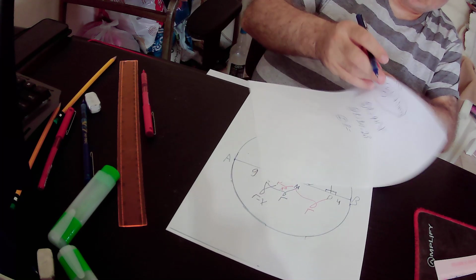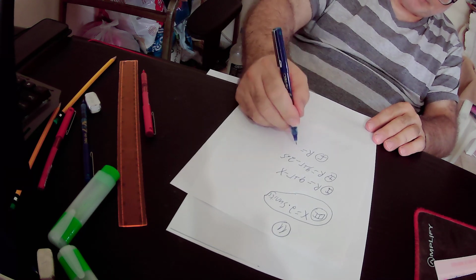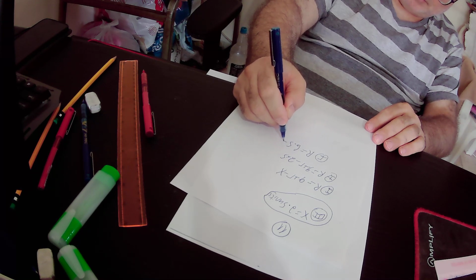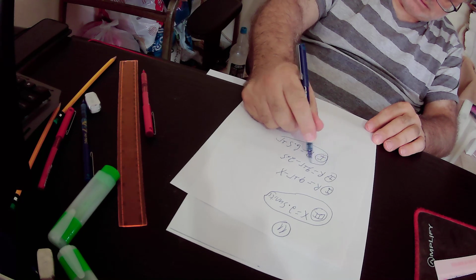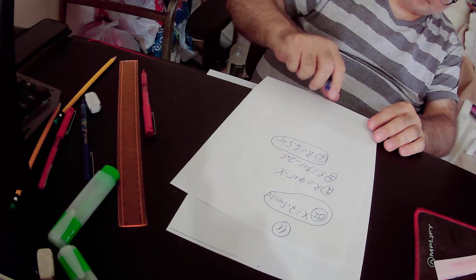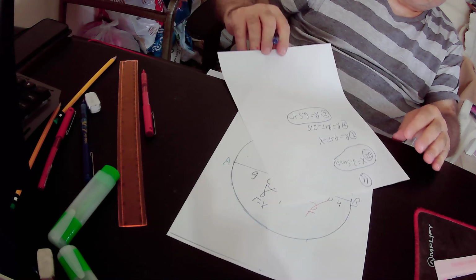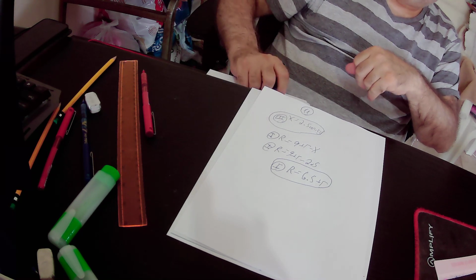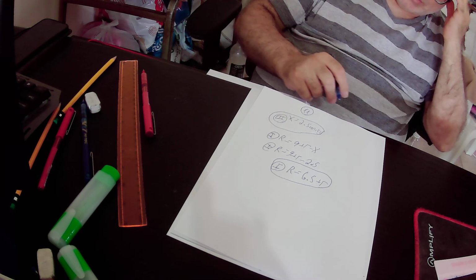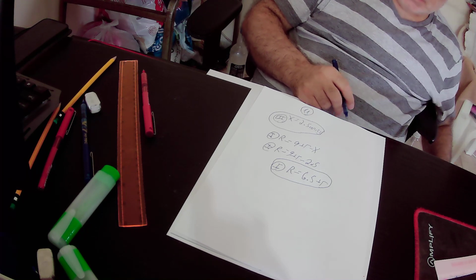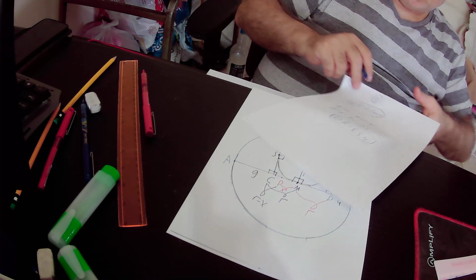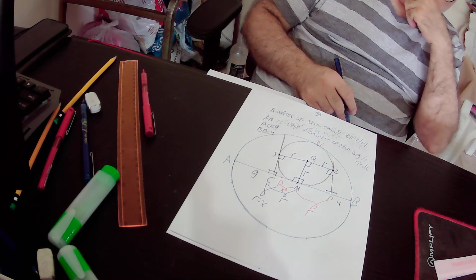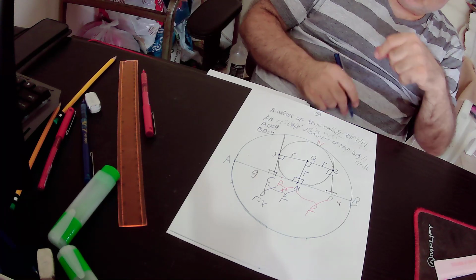So in total we got that capital R equals 6.5 plus small r. Okay, we found out that capital R equals 6.5 plus small r and x equals 2.5 units. Okay, in the next step I will present rule number 5 and we will implement rule number 5 in our two circles.